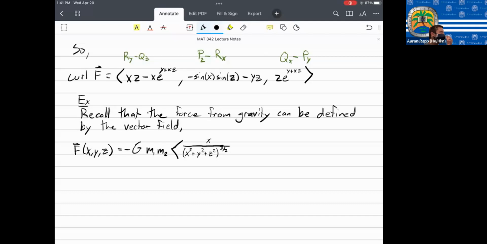It's technically not distance because, if you remember, it's negative G m1 m2 over r squared, and then you have in here x over square root of r, y over square root of r, z over square root of r, which is where that 3/2 is coming from.